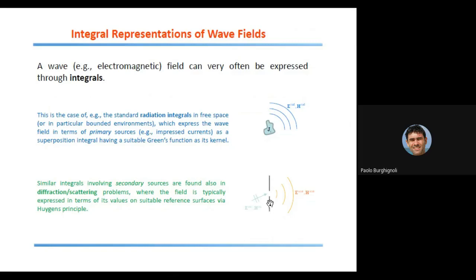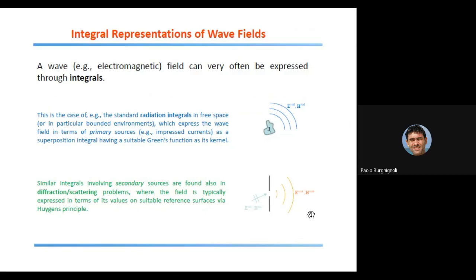But where the slit was present, you must introduce some fictitious secondary sources, like, for example, equivalent surface magnetic currents, in terms of which then we are able to write the electromagnetic field, which is scattered on the other side. For example, if here the boundary is a perfect plane, an infinite plane, then by symmetry we may double the secondary sources and just use the free space Green's function, for instance.